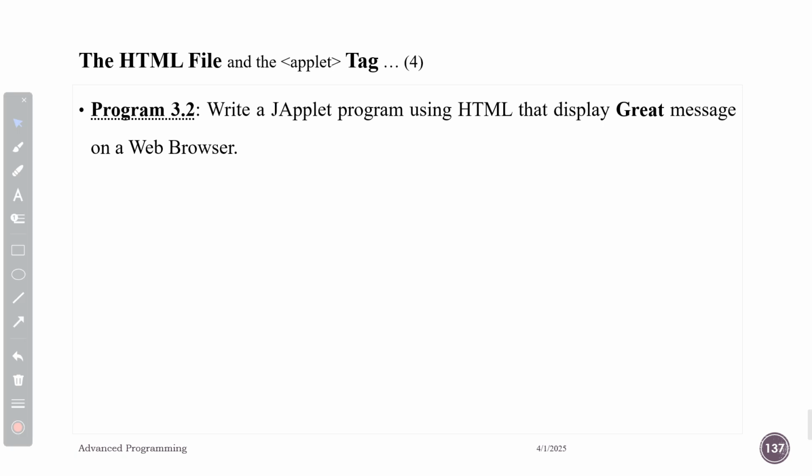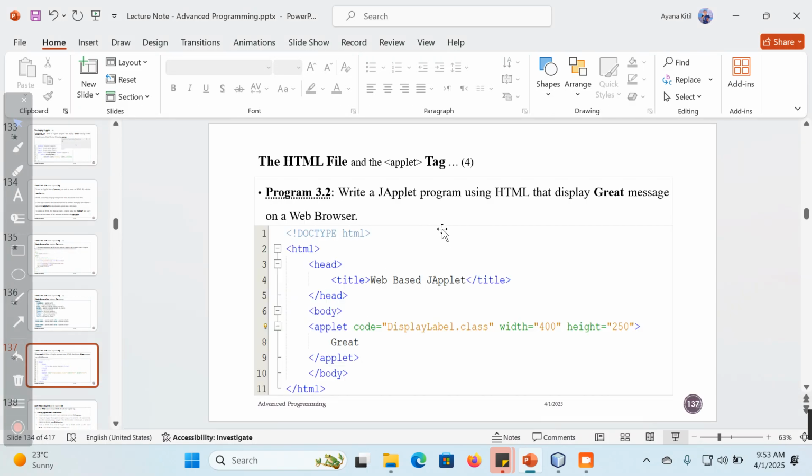Write a JApplet program using HTML that displays a grace message on the web browser. Using a Java program we already wrote it. Now here we are going to write it using an HTML file.